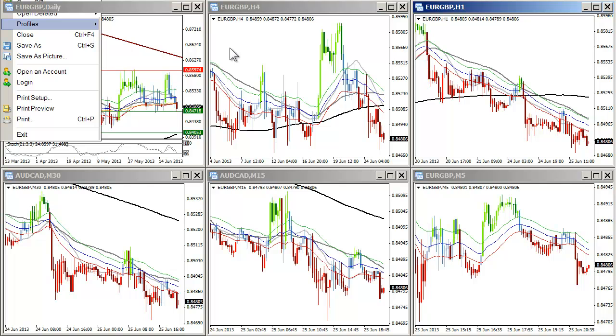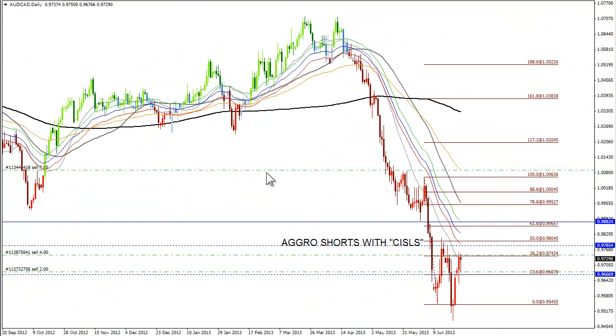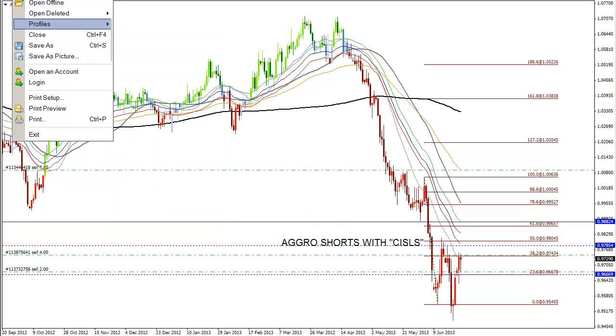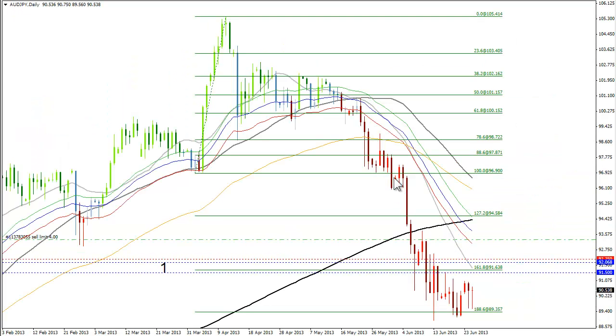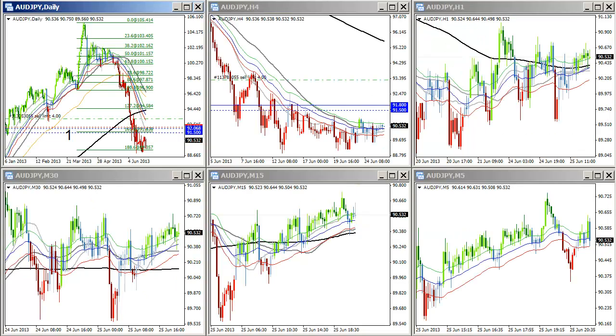So in the case of the Aussie Loonie, what are you thinking about doing? You're looking at an overall trend moving lower. This is the same thing we'd be talking about on, I think, an Aussie yen, which I'd love to get a piece of. You see a market that's moving lower. So when you have a trend on the daily, you can follow that downtrend across any time frame.